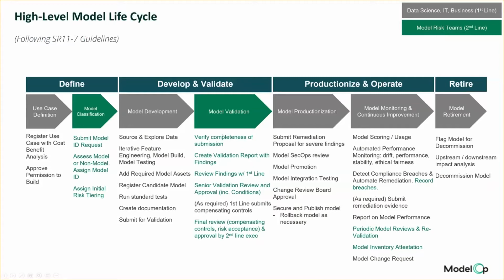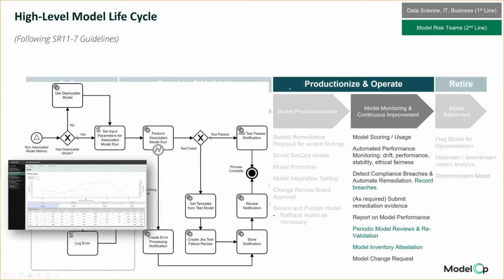We've done the define and the develop steps, and in the last class we got the model into production through a pre-production environment. Today we'll cover how we ensure the model continues to be healthy.